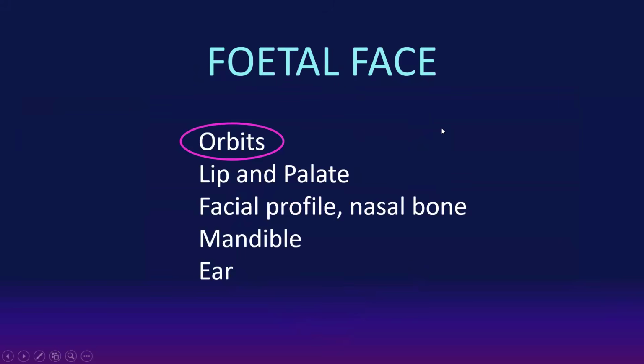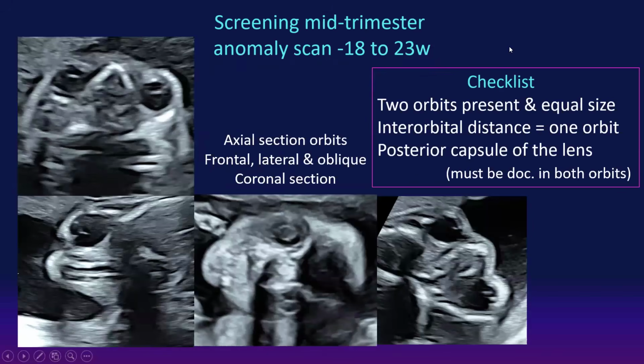But in this talk, I'm going to stick to the second trimester assessment of the eyes because it's a short talk, and I'll describe the normal appearance of the orbits, what are the characteristics that we must look for, what we should document, and what are the anomalies that we can face when we come to the orbits.